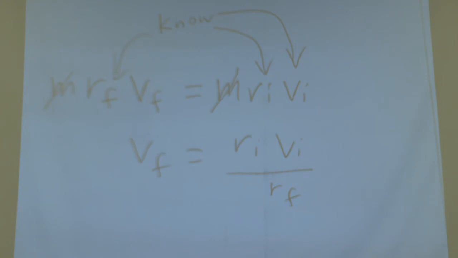Okay, so remember, we know this, this, and this. Okay, so we just solved for VF equals RI VI over RF. Question? Sorry? Yeah.